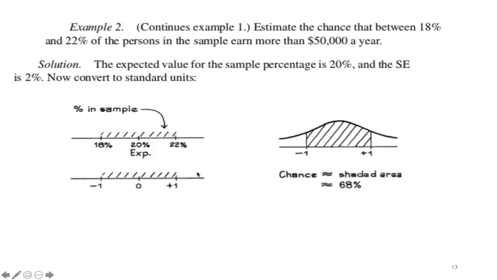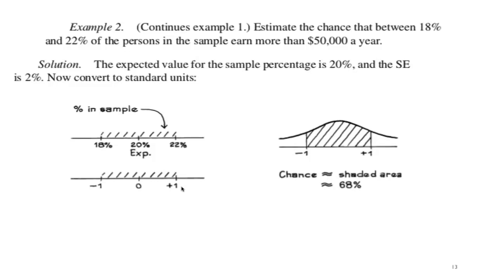So 20% corresponds to 0, because that's the expected value. Then 18%, if you convert it into a z-score, 18 minus 20 divided by 2% gives you a z-score of -1. 22% gives you a z-score of plus 1.